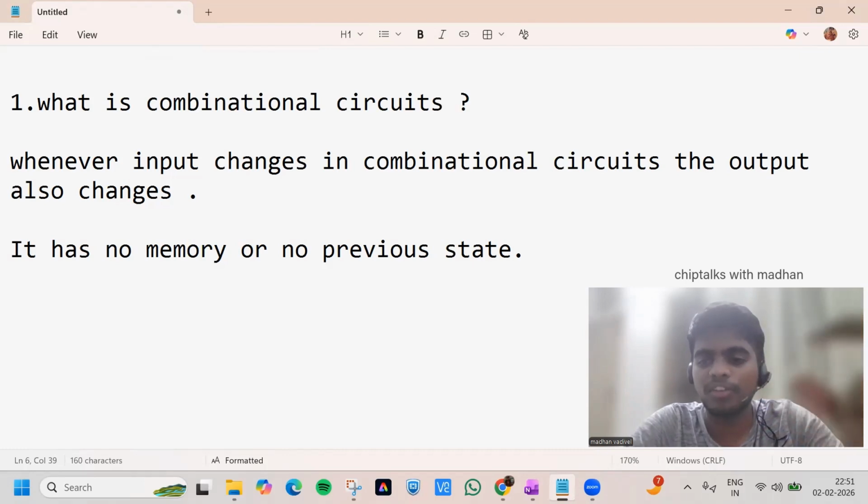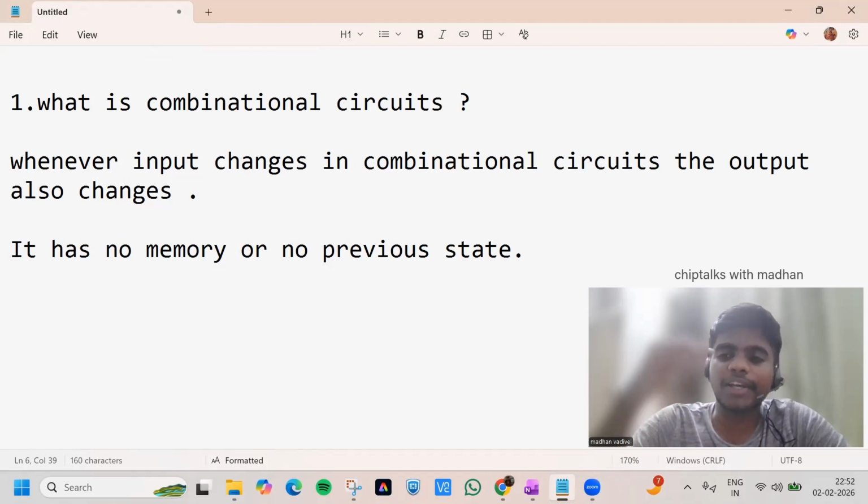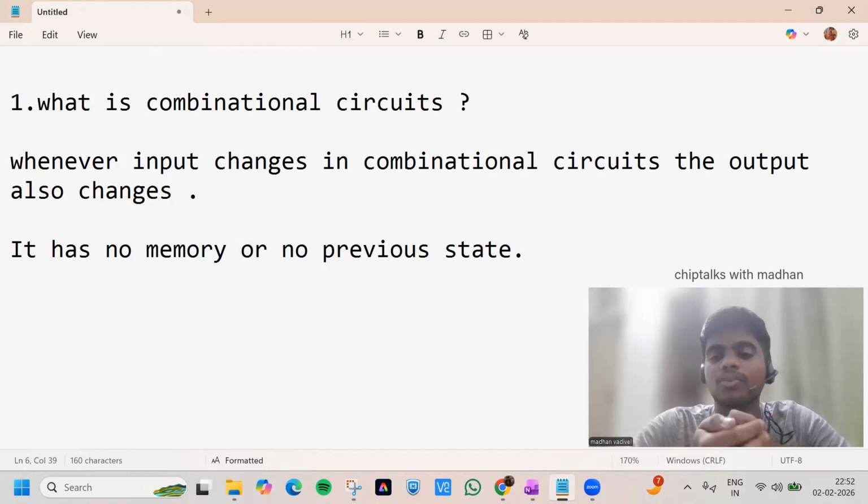Whenever the input is given, the output is delivered. The vending machine can't store which number was touched; it just gives the output as the juice. Like that the vending machine works, and a combinational circuit also works like that.